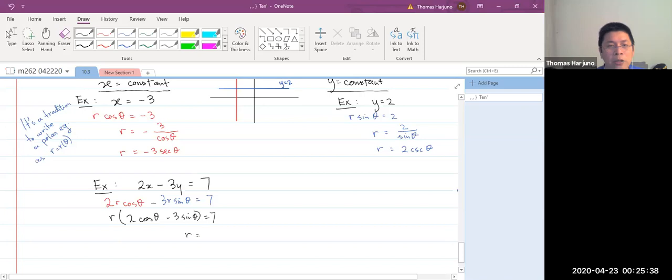So r equals 7 over 2 cosine theta minus 3 sine theta.